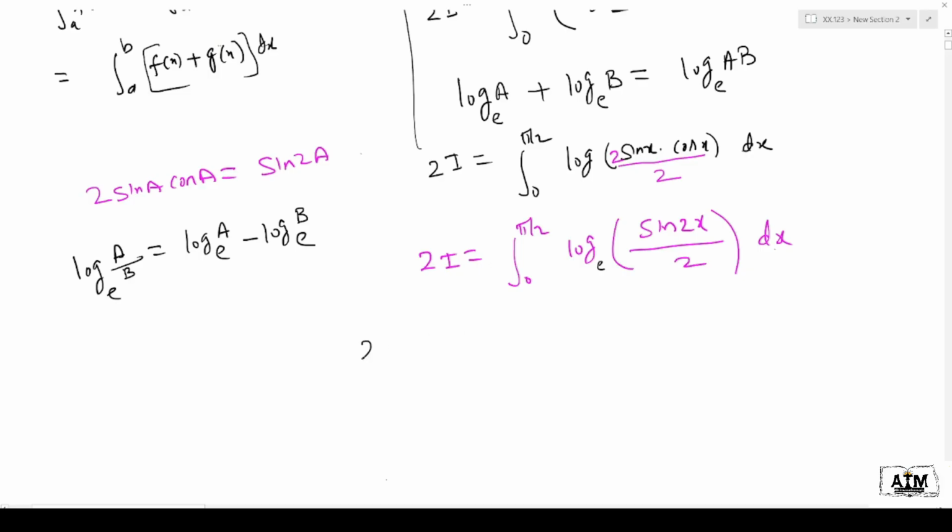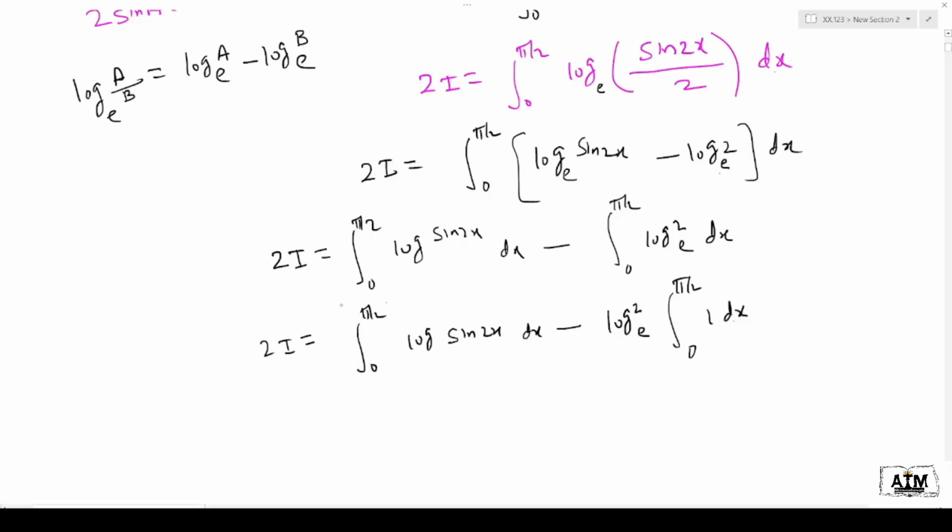So 2I equals the integral from 0 to pi by 2 as it is. Now log a upon b equals log of sin 2x minus log 2, and integration with respect to x.